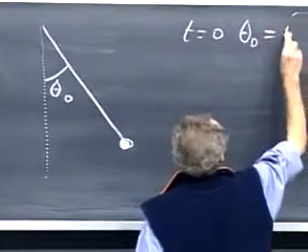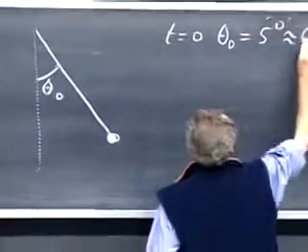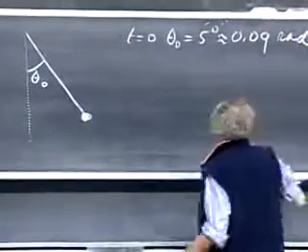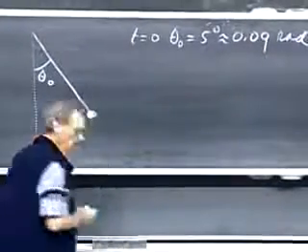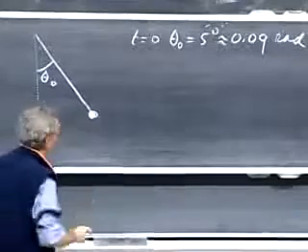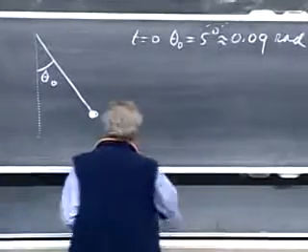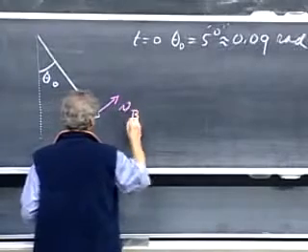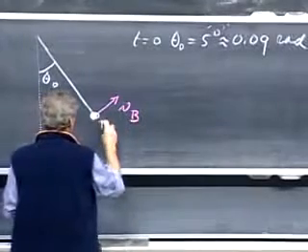It's 5 degrees, which is approximately 0.09 radians. At that time t equals 0, I give this pendulum a tangential speed. I call it v of B, because I call this point B.